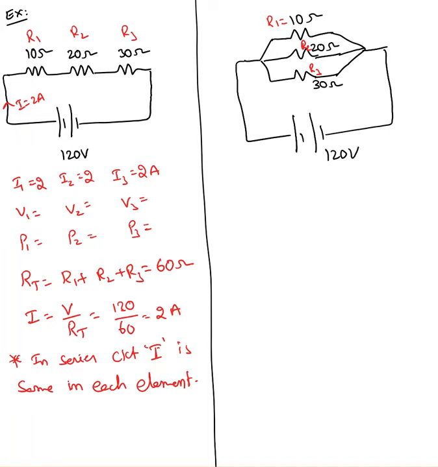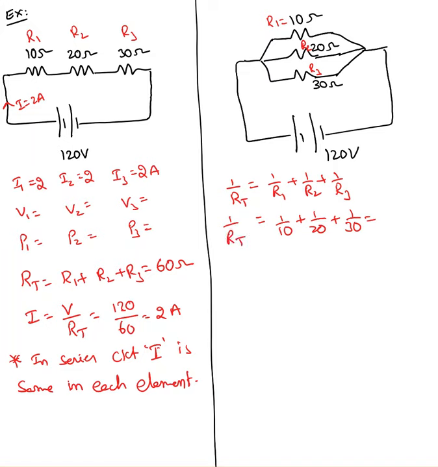Now for R total, when they're in parallel we use 1 over R total equals 1 over R1 plus 1 over R2 plus 1 over R3. Here it is 1 over 10 plus 1 over 20 plus 1 over 30 equals 1 over R total.